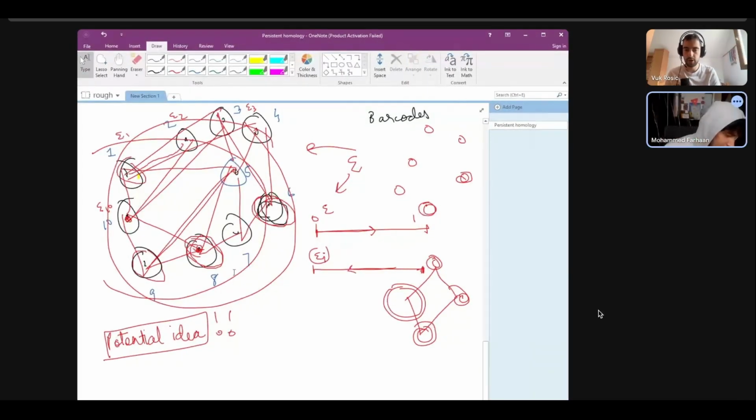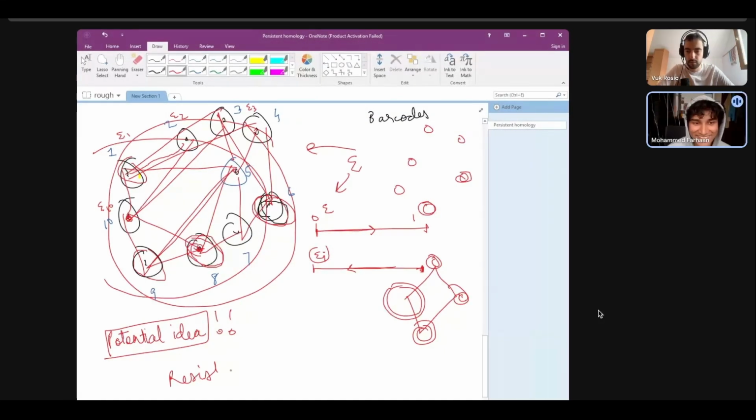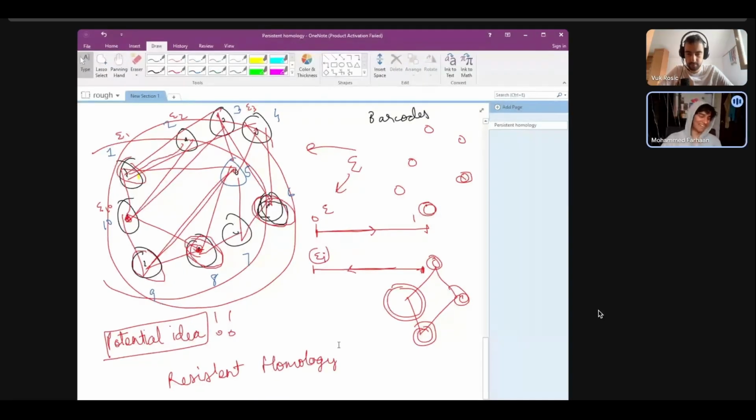What we can, funny name, we can call this resistant homology. It's not an actual term. I'm just naming it that.